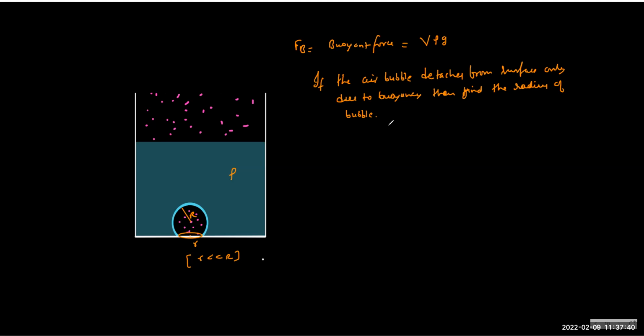Sir, is it 2 pi r square t by v rho g? Let me check. So it is again a similar thing. It's 2 pi small r into t into r by capital R equals 4 by 3 pi R cube rho g.